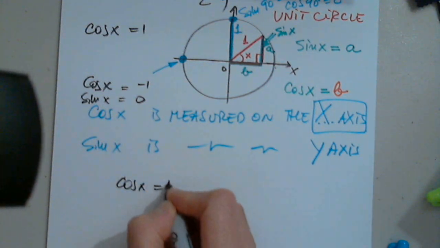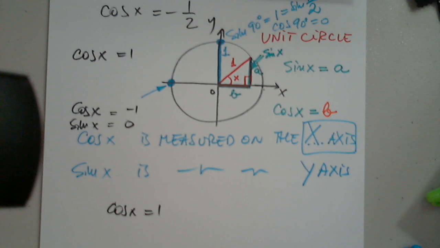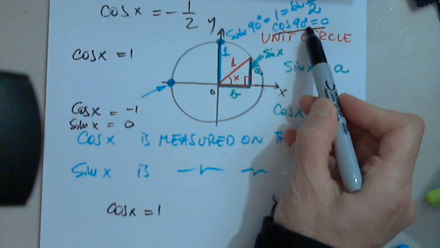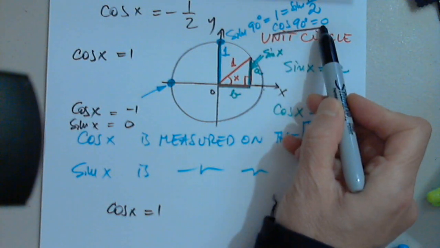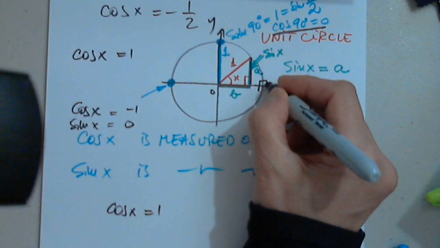Where is cosine 1 on the unit circle? It'd be farthest to the right on the x-axis. Right, it's right here.